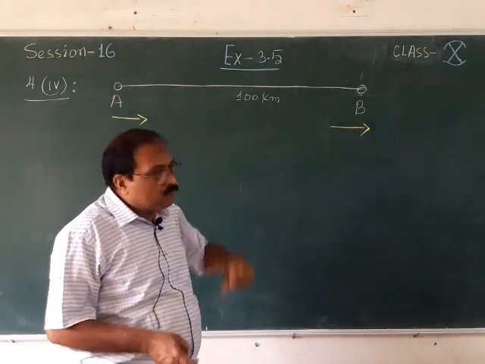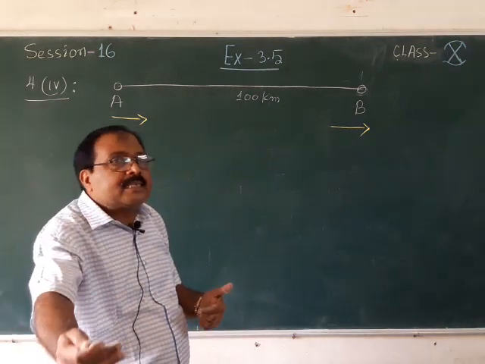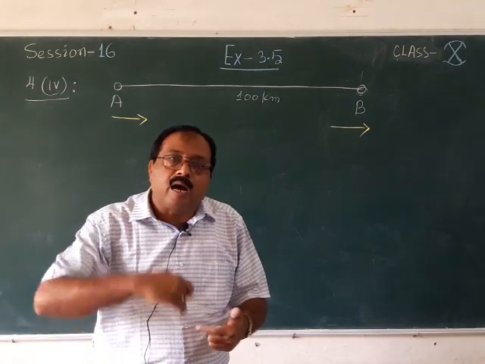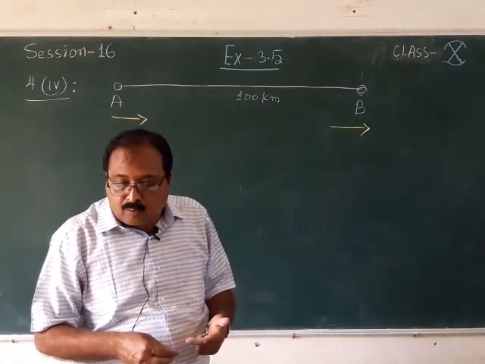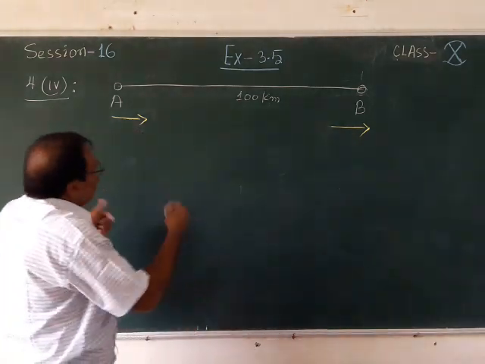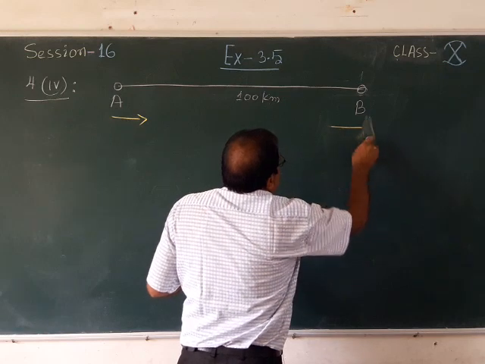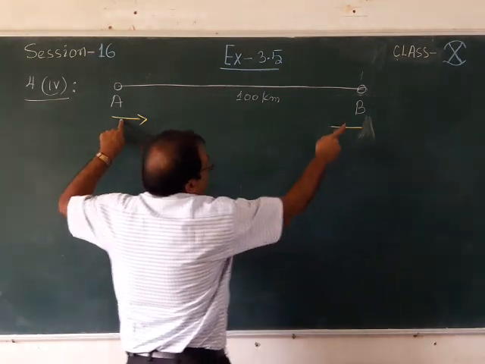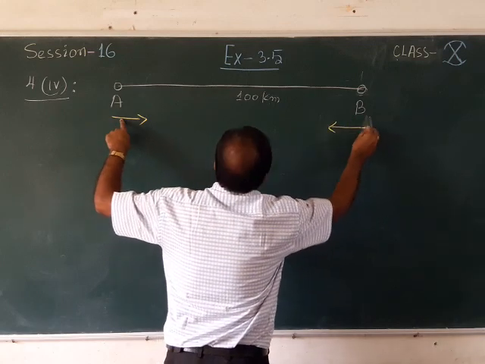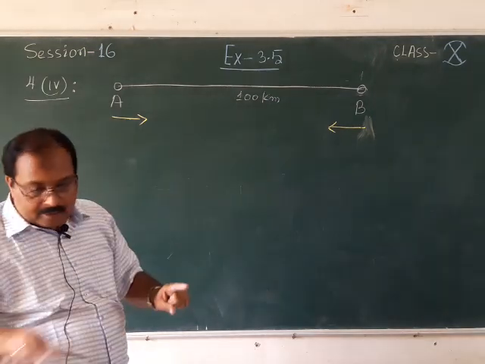If they are going in the same direction, they meet after 5 hours. And if they travel towards each other, that means A is going to B and B is coming towards A, this is the second condition. This time you can see the direction is different.